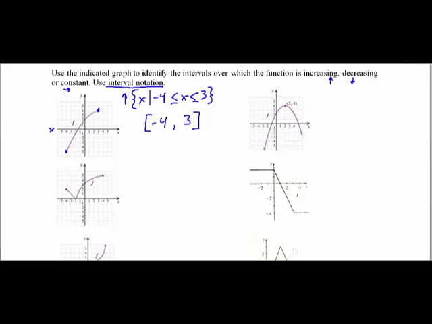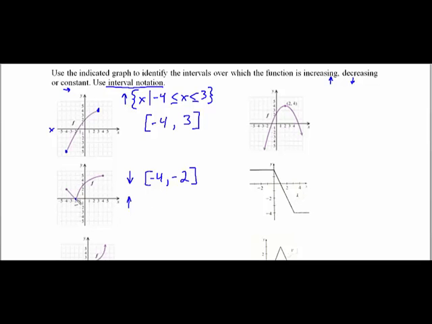Now let's take a look at this graph below it. This graph definitely decreases and then increases. So it decreases from -4 to -2, so we'll use the interval notation of -4, -2. And we'll use these hard brackets because it actually connects to these points and locations.